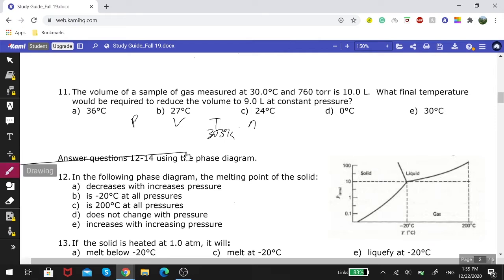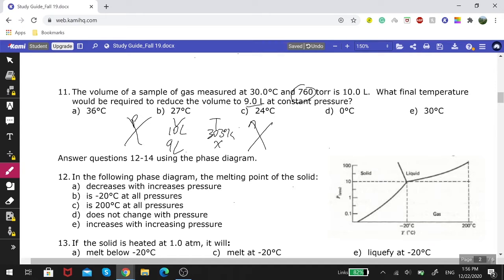So our final is going to be X, which is what we're looking for. And gas volume went from 10 liters to 9 liters. And pressure did not change at all. So we don't need to worry about pressure, and we do not need to worry about the number of moles. These are the only two that we'll be looking at.